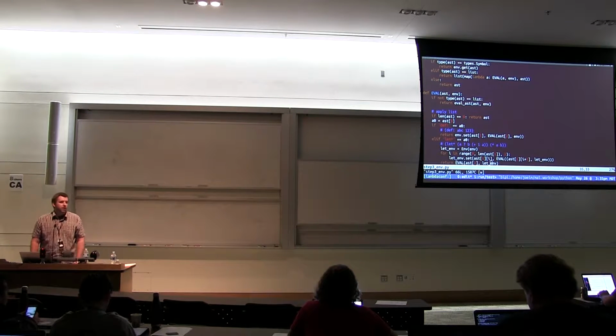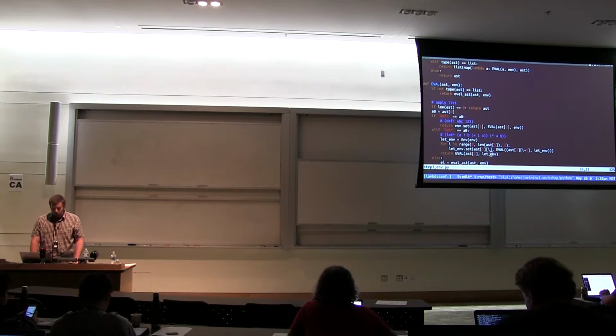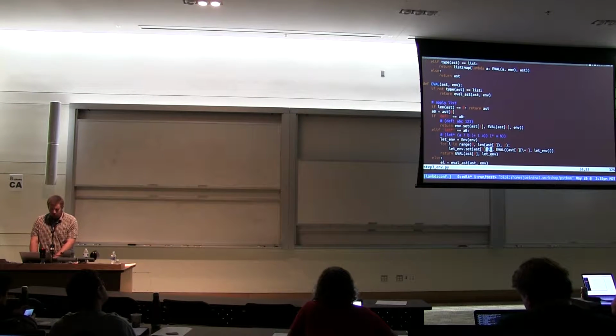We evaluate it using that new environment. And you'll notice that once the let finishes, this new environment that we created, we're not saving it anywhere, so we discard it. It gets garbage collected in this case.